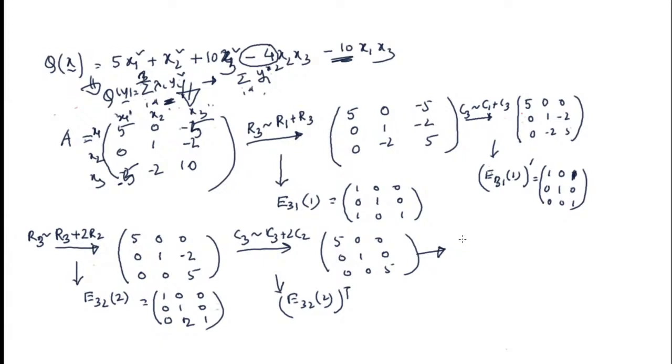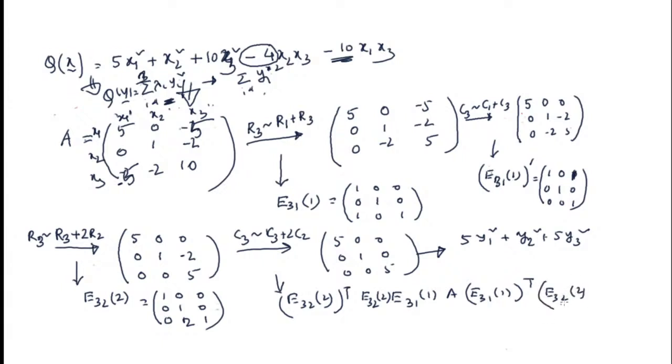Now to get the canonical form, where y1, see that you just multiply first E31, E31 transpose, then you apply E32, E32 transpose. So this is the whole operation.